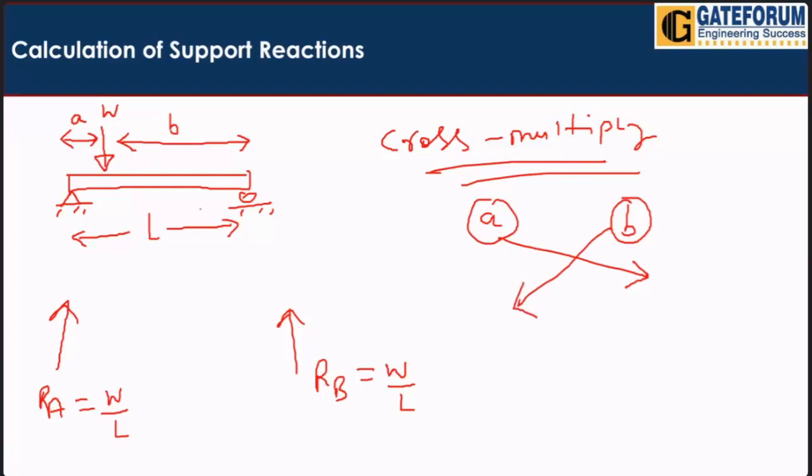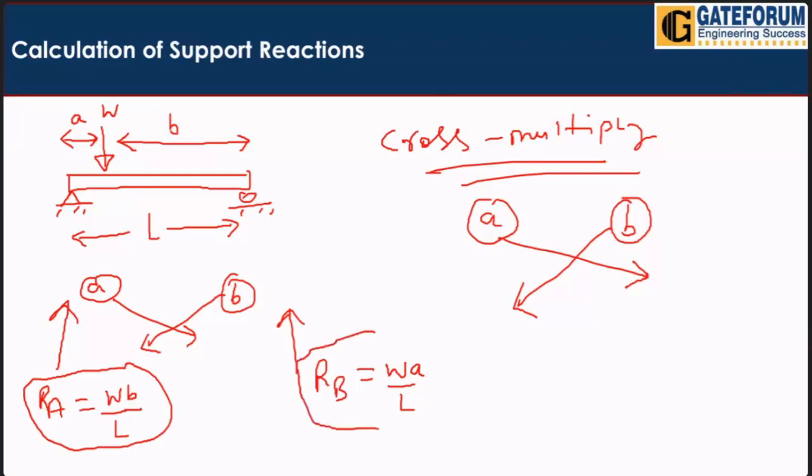So RA is W B by L and RB is W A by L. So I can write the value of RA as well as RB. Please remember the word cross multiply. Whenever we have symmetrical loading, use half; for unsymmetrical loading, definitely we can go for cross multiply.